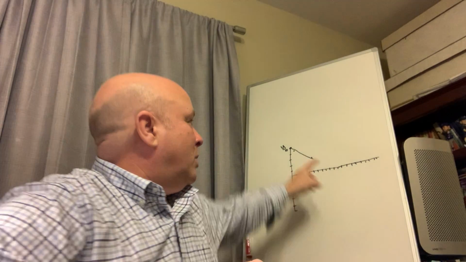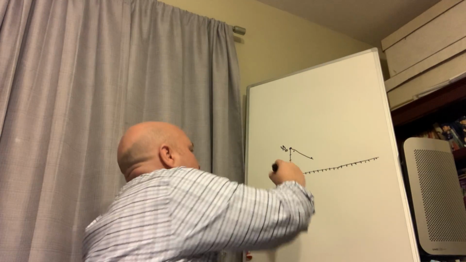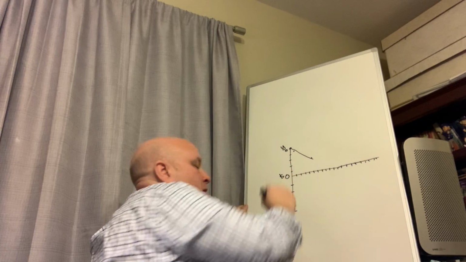What's my x-axis in this particular story? When this line hits the x-axis, that's my x-intercept. My x-axis is $0.